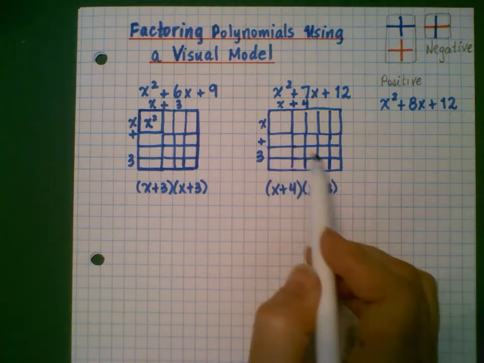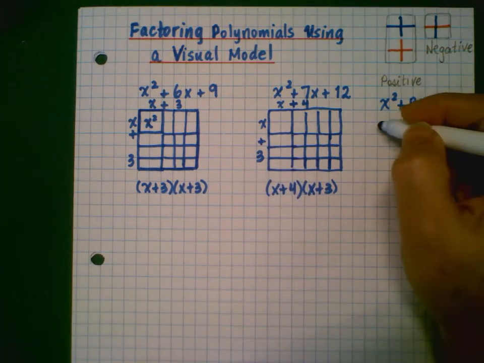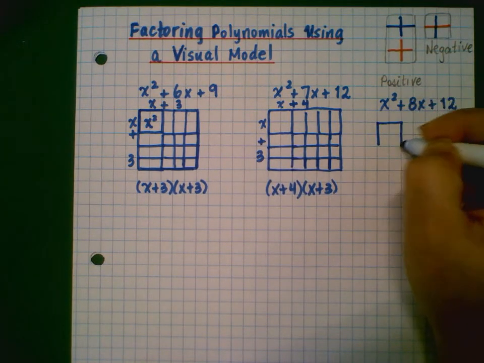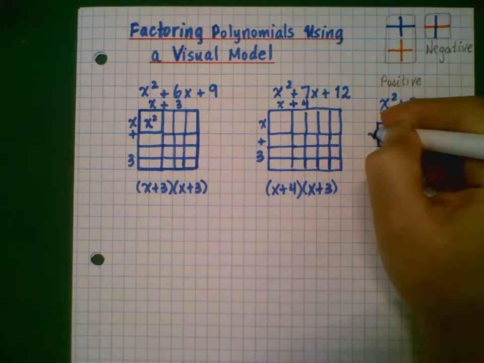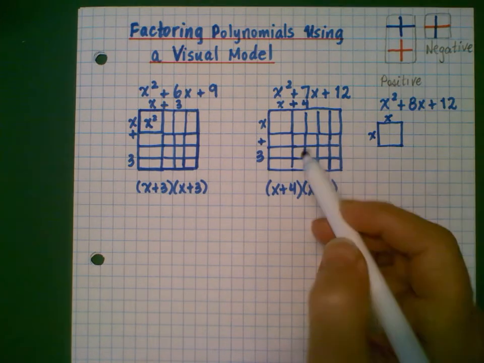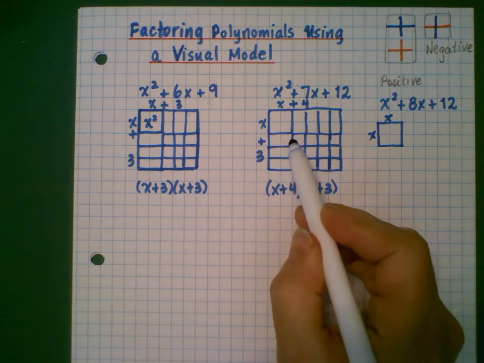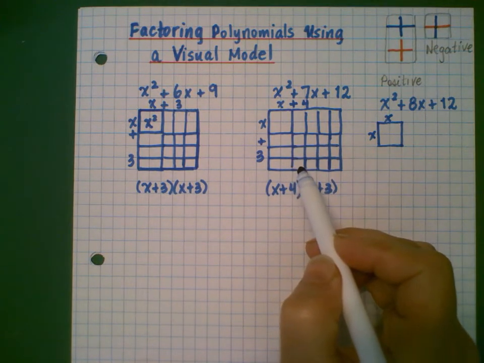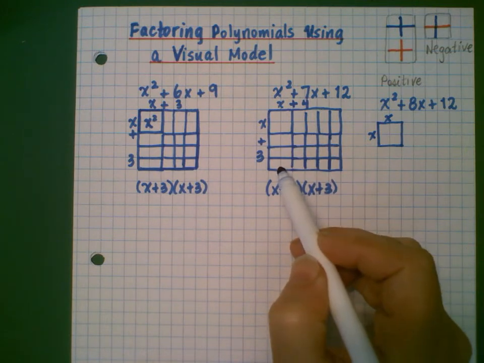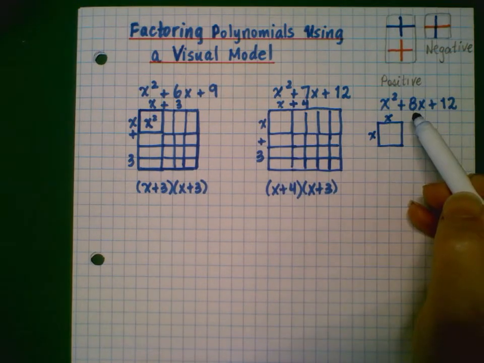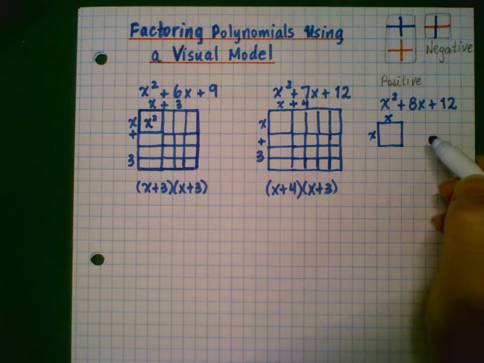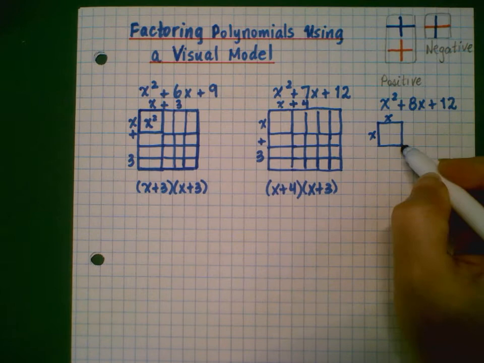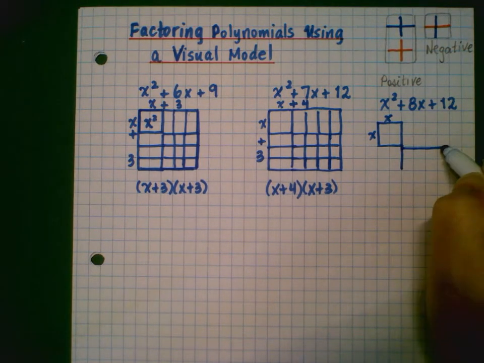In terms of its initial setup, I'm still going to make a little box that represents my x squared. That's x by x. But for the 12, I already know that if I make it a 3 by 4, it's going to make 7 bars. So that's not going to work. I need 8 bars. So how can I break up a 12 that's going to result in 8 bars instead of 7? And 2 by 6 will accomplish that.